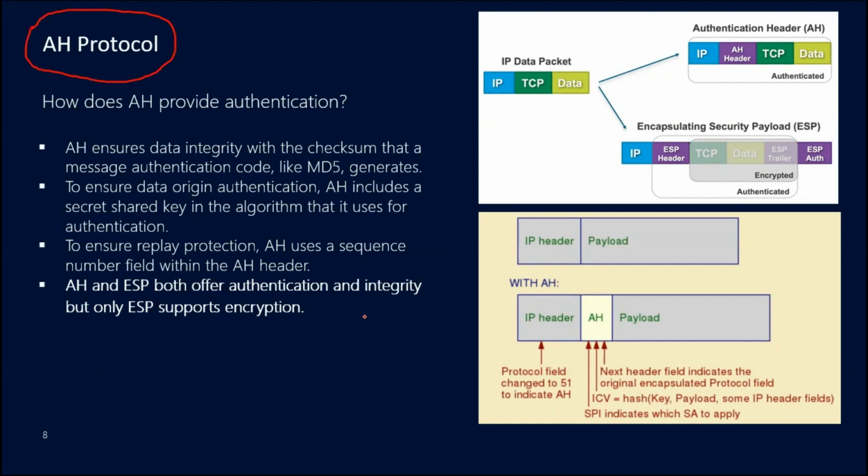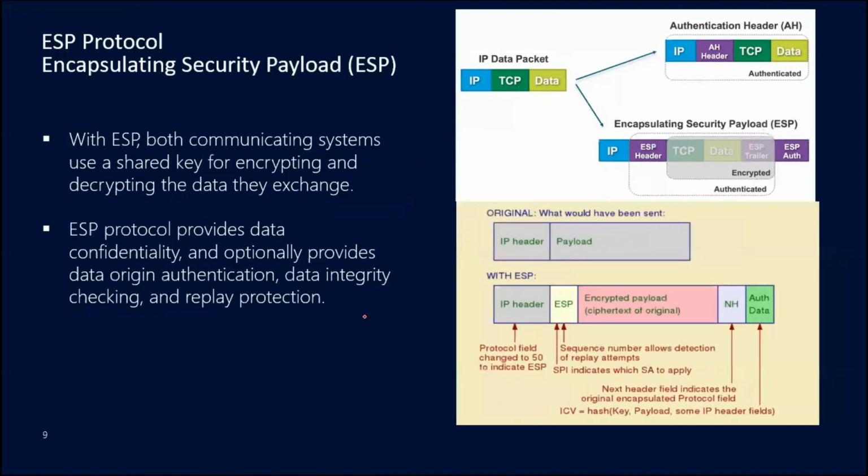Because of this issue, nowadays the AH protocol is not used, because we need to provide authentication as well as encryption to the data. If you want to provide both, then we have ESP, Encapsulating Security Payload.